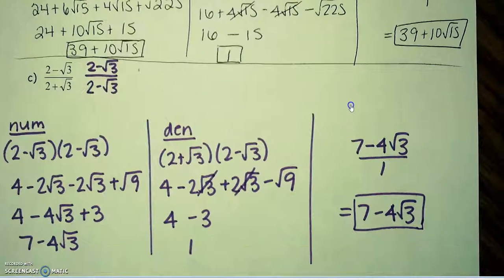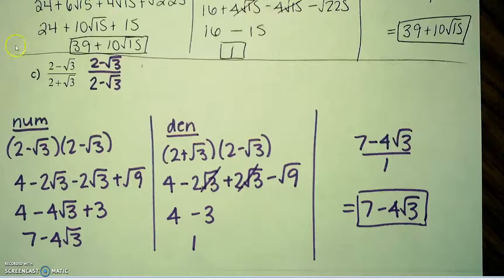The last example here is kind of a weird situation because the conjugate of the denominator is actually the numerator, and so sometimes this throws people off because they think all the radicals are going to cancel out, but that doesn't happen here. The bottom, you're going to use the conjugate, which should be 2 minus the square root of 3. When you do that to the top, though, the radicals do not cancel out when you multiply these together.